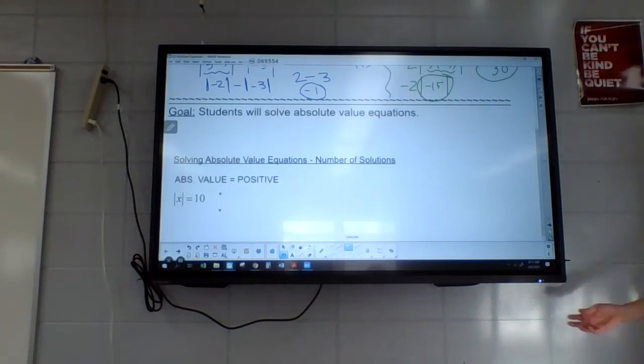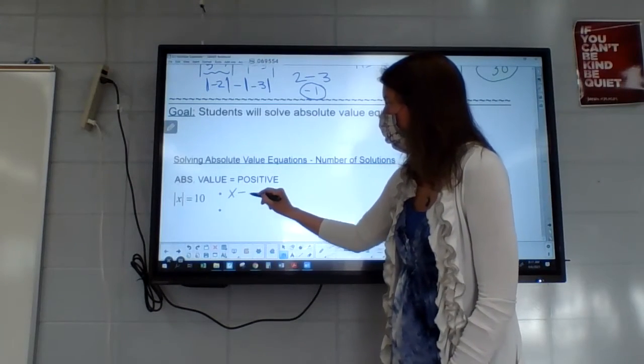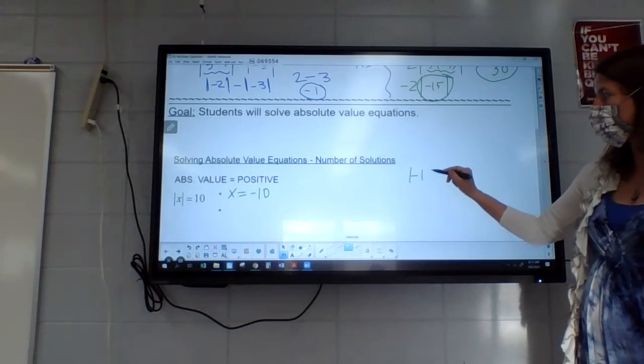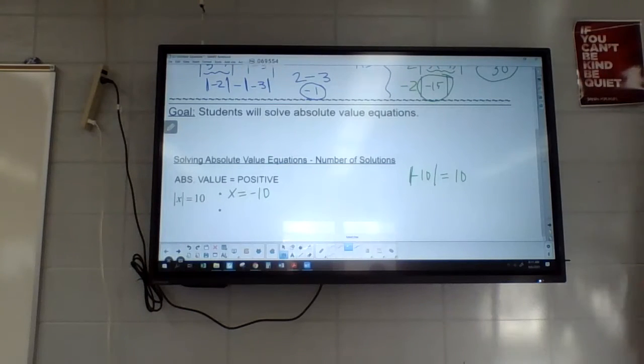Negative 10 I heard, so x could be negative 10, because the absolute value of negative 10 equals 10. What else could x be? Another thing x could be.